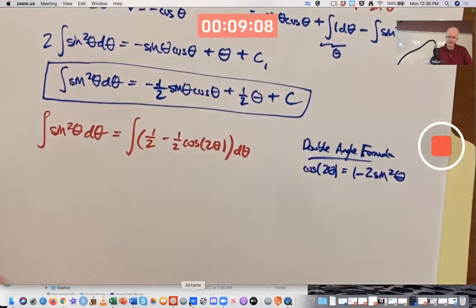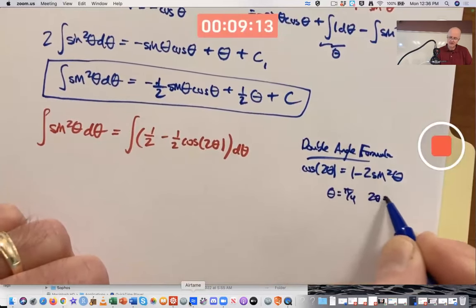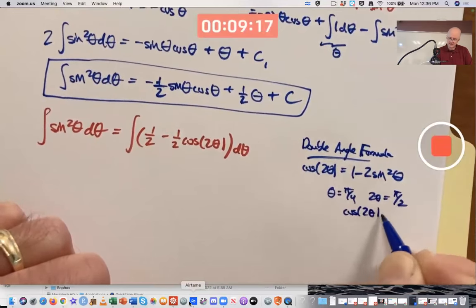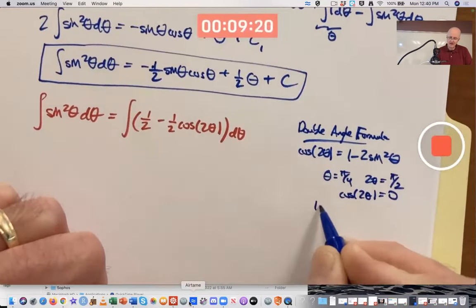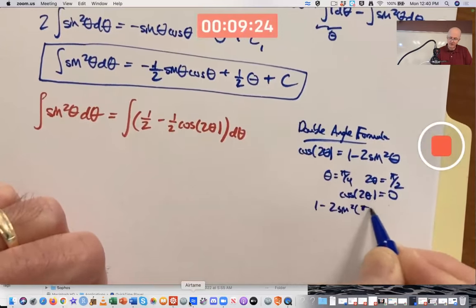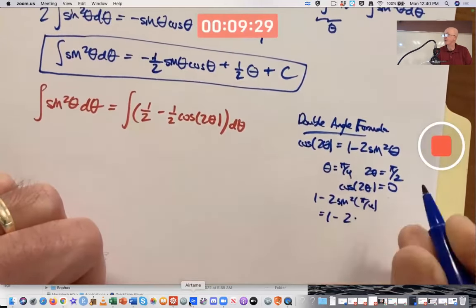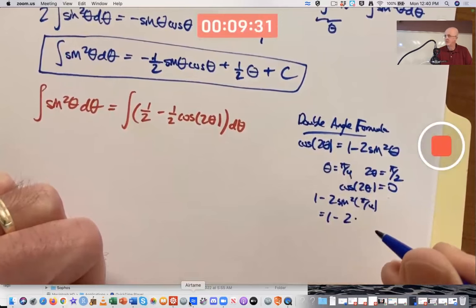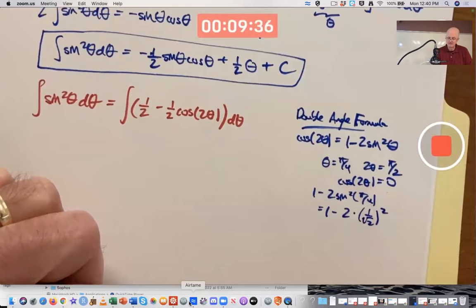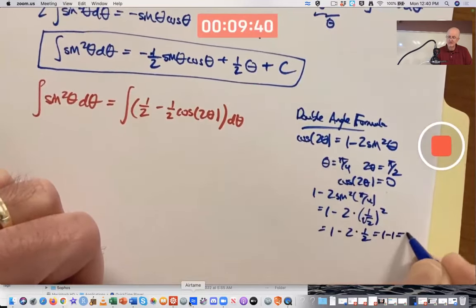If theta is pi over 4, so that 2 theta is pi over 2, cos 2 theta is 0, and 1 minus 2 sine squared theta, which is pi over 4, is 1 minus 2 times the sine of pi over 4, which is 1 divided by square root of 2. I've got to square that. I still get 0 in the end.